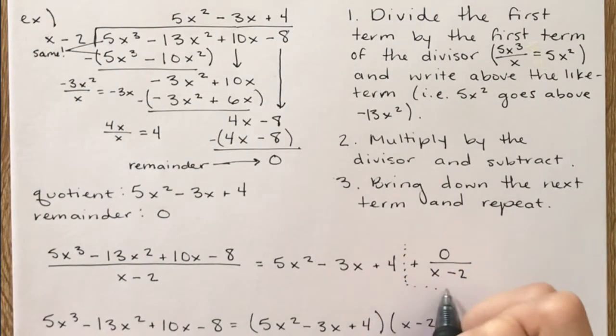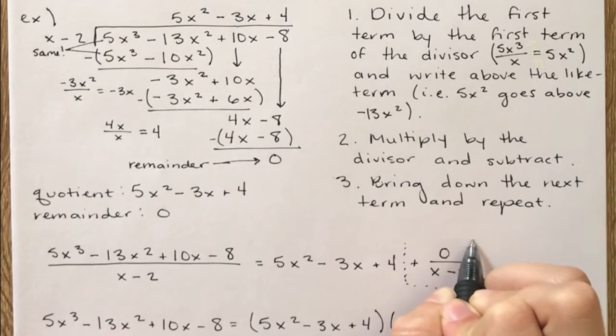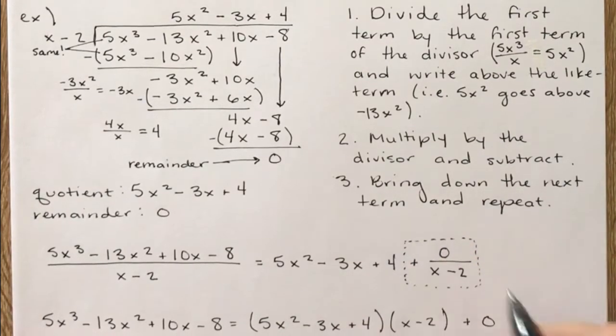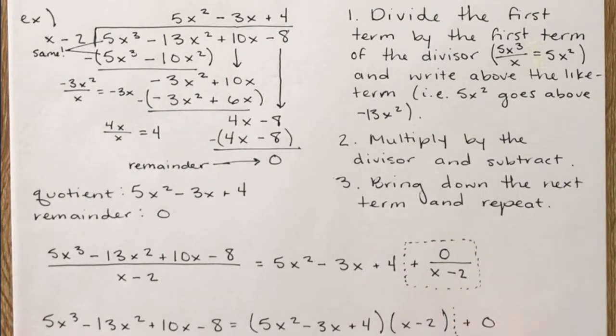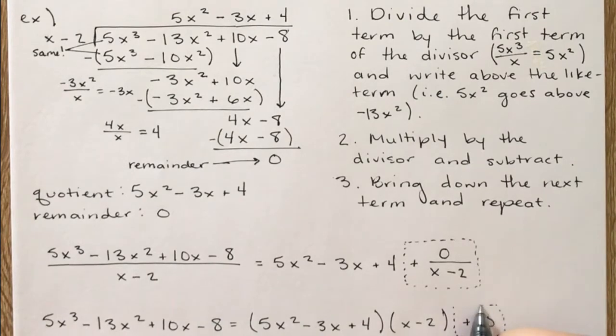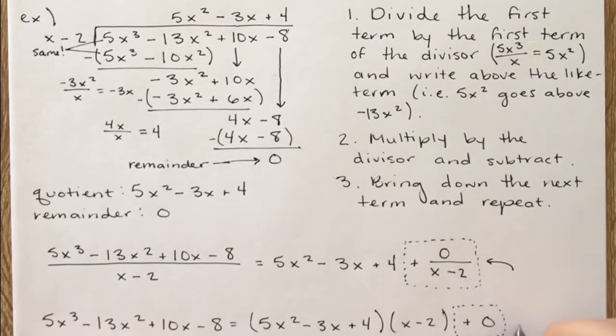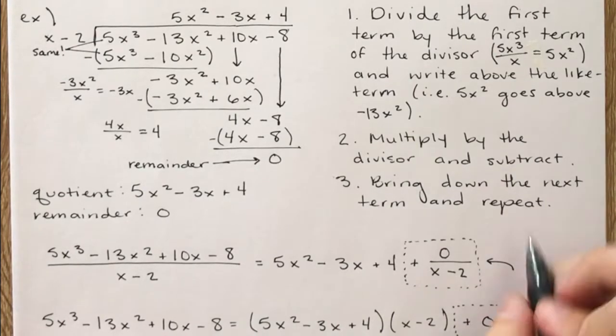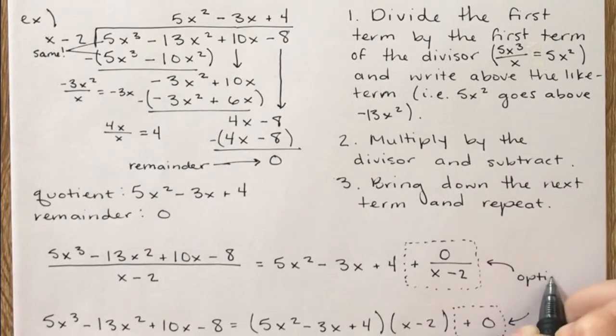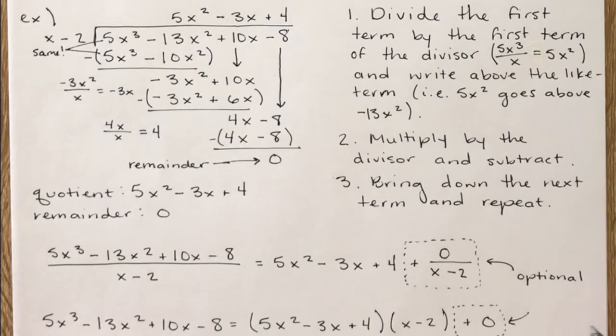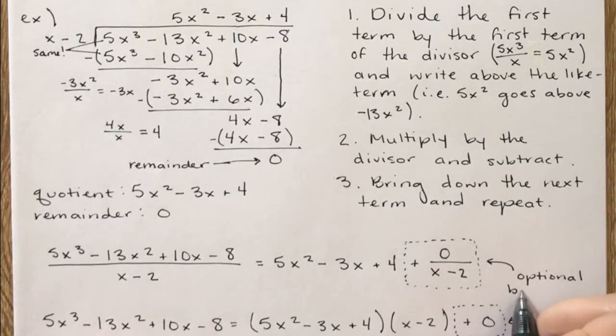I'm going to just put these in squares that are dotted so we know that they're optional. And then this will make more sense when we actually have a non-zero remainder. So these are optional because the remainder is 0.